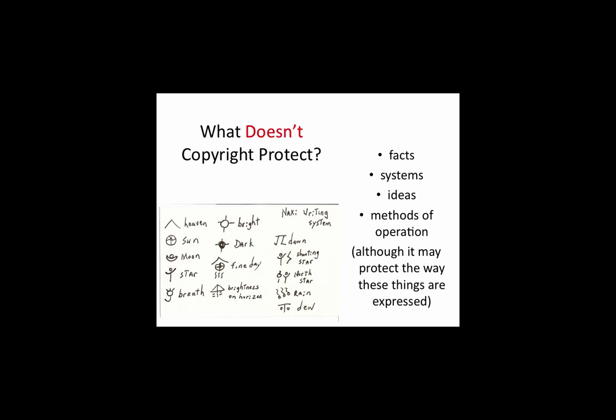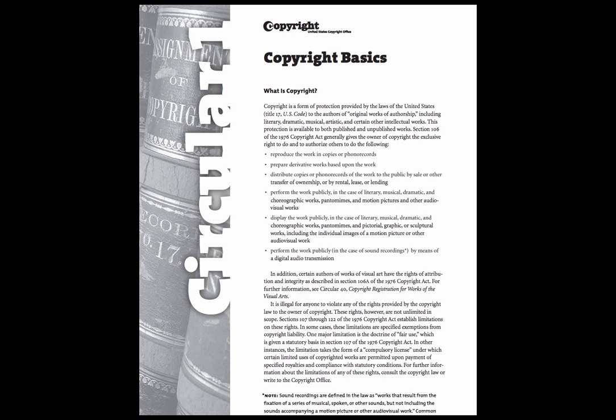Well, it doesn't protect facts, ideas, systems, or methods of operation. Though you have to be careful with those because it may protect the way these things are expressed. You can find out more about that from the circular called Copyright Basics, which details what works are protected. And we've got those links for you in the links category.